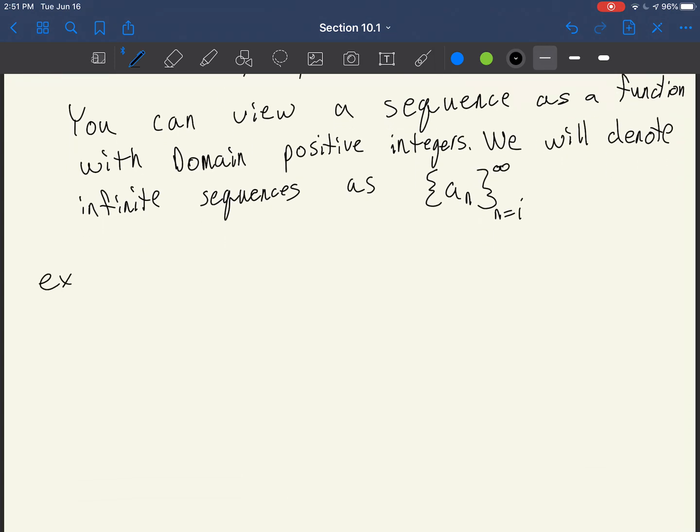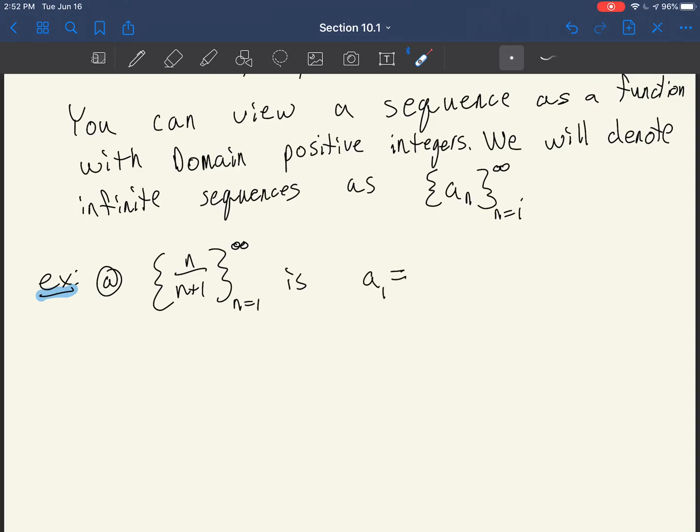So example, we could talk about the sequence n over n plus 1, starting from 1, going up to infinity. The first element in the sequence, a1, is found by replacing anywhere you see an n with 1, and that would be 1 over 1 plus 1, which is 1/2.